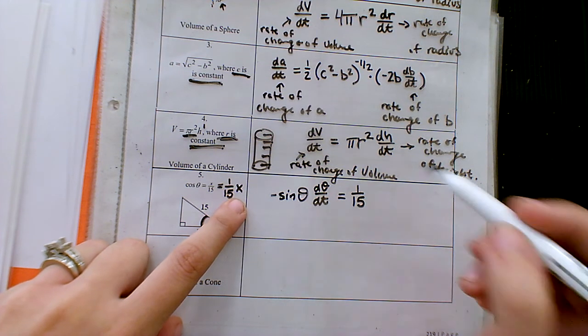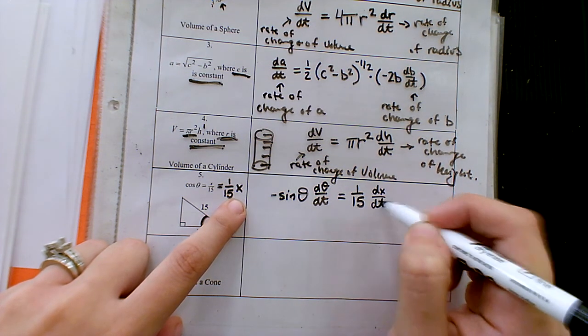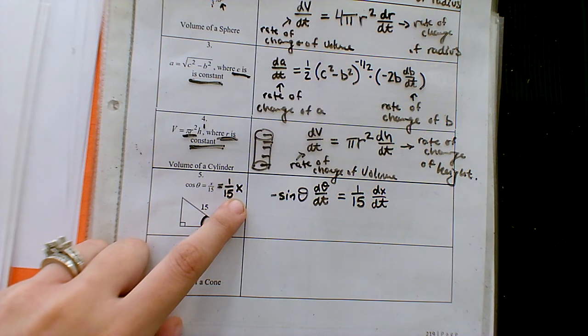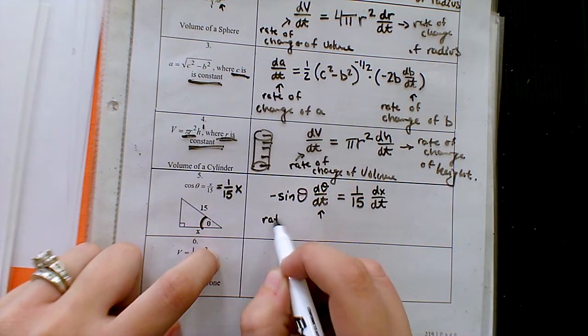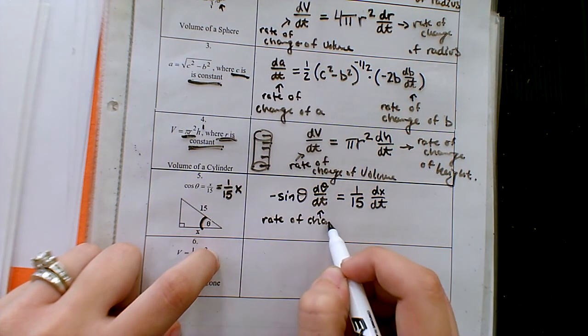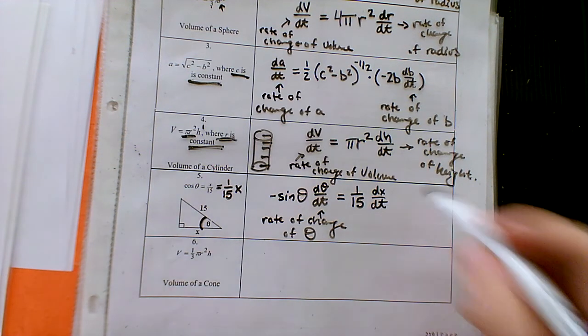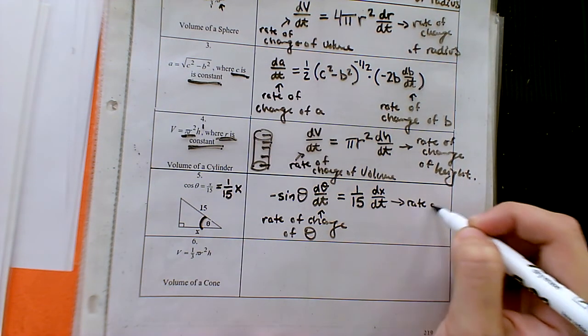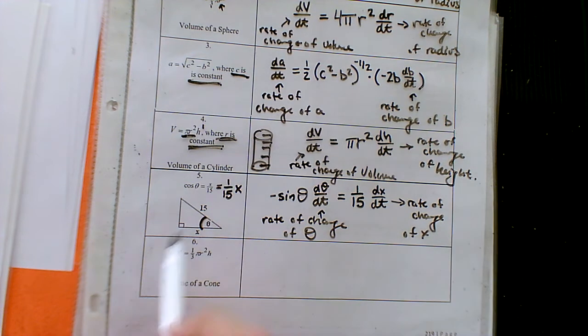But we took the derivative of an x variable with respect to time, so this would be dx over dt. So in terms of these rates, we have the rate of change of theta, how that angle is changing, and then the rate of change of x, how this side length is changing.